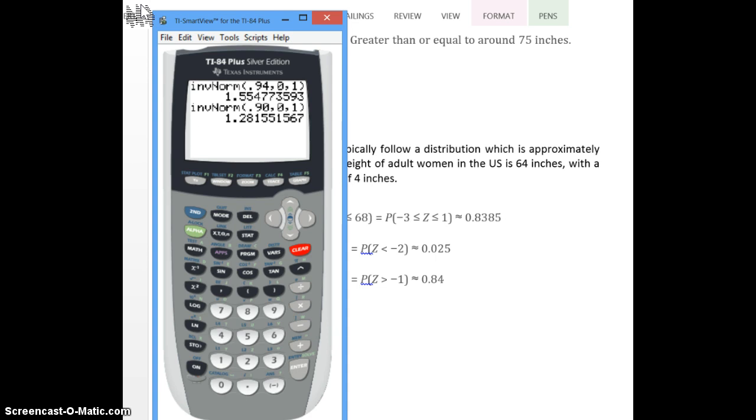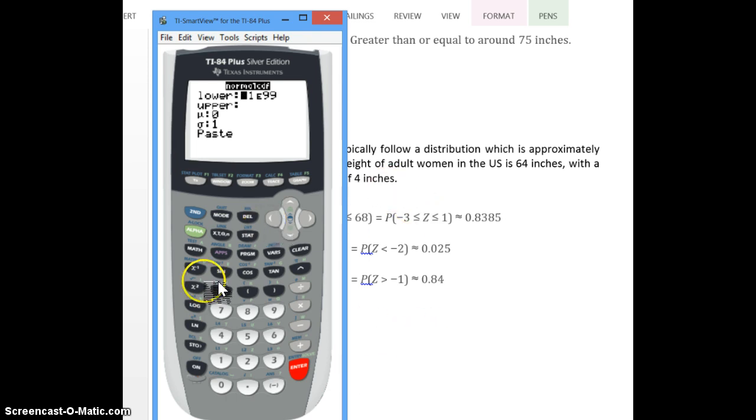Alright, for the first one, we want to get the probability z is between -3 and 1. So we need something called normal CDF. You're going to hit the second button, then the VARS button. Now, we want the second option, right here, normal CDF. Enter. What is the smaller z-value? -3.